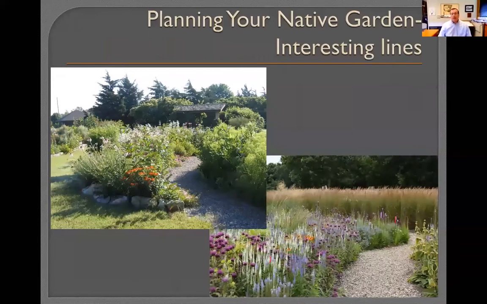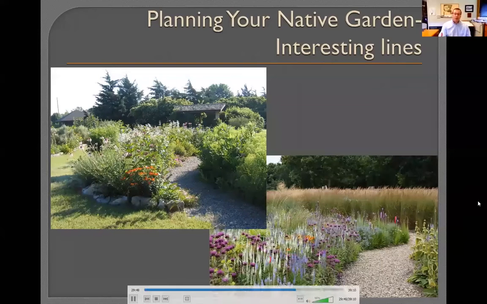Interesting lines, this is mostly done with paths, could be edging. Here's 2 examples. One at the top there is a path that leads to the prairie shelter here at the Arboretum, but that line, you want to follow that and see where that path leads you. Both of these are great examples of using Indian grass here on the bottom as a barrier to lead you through the garden.